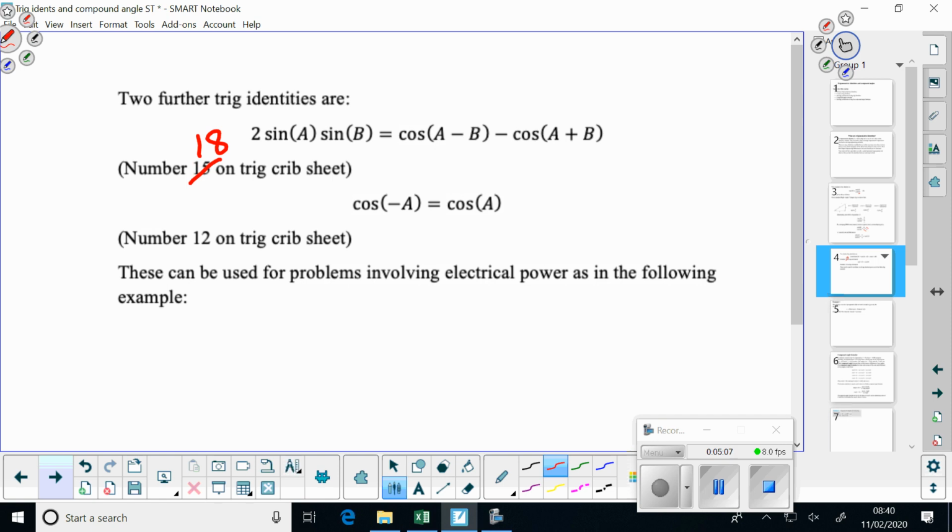If we think about the cosine waveform, it starts at 1, and it goes down to 0 at 90 degrees.